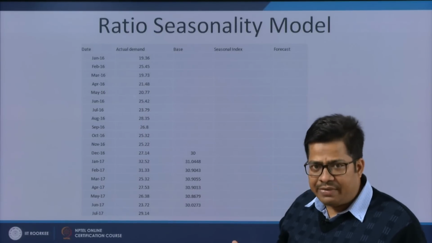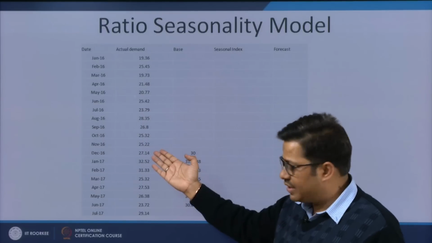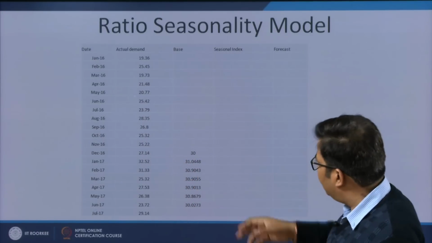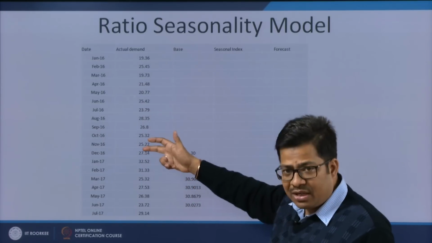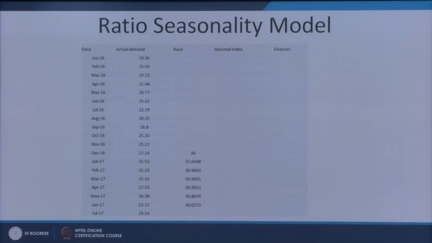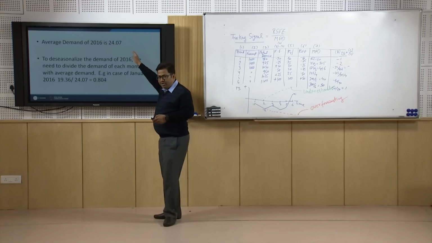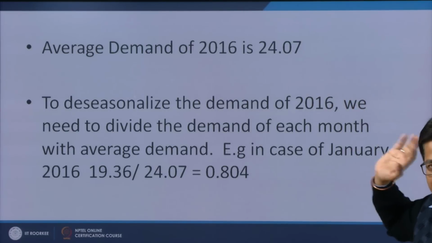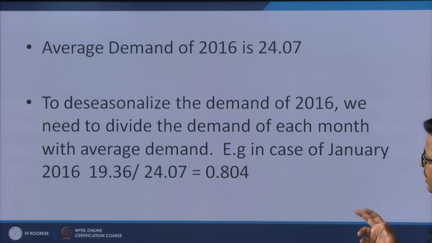We will take the average demand of 2016, which is the sum of actual demands of 2016 divided by 12, and that comes to be 24.07. So, this is the average demand for 2016.